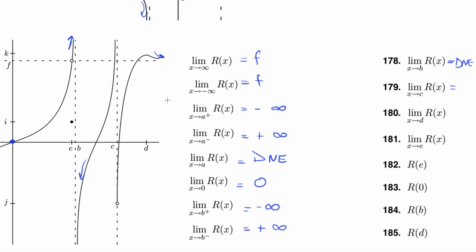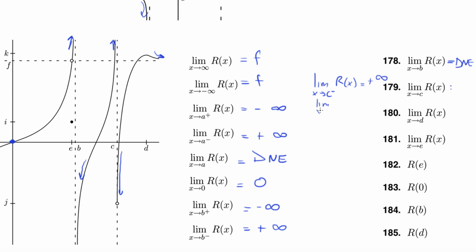Now let's look at c. I'm going to do it on this side so we can stay with it. So when x approaches c from the left, it approaches positive infinity.